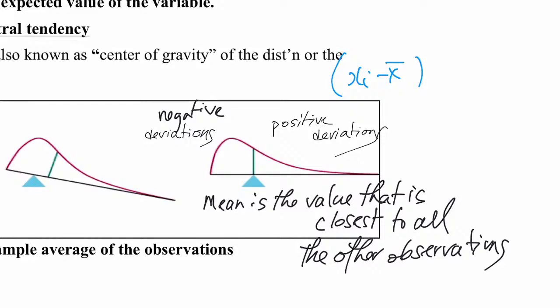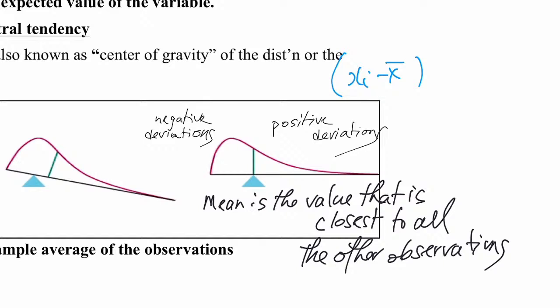I have to fix that, it's bothering me. So just to repeat, the calculations of the deviations below the mean will be negative. The deviations above the mean will be positive.